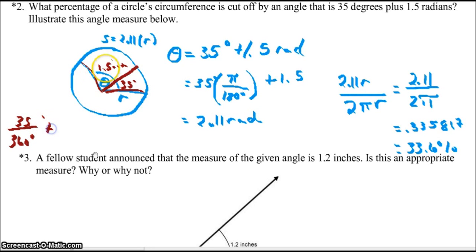And then here, 1.5 radians out of a total of 2 pi all the way around. That gives us the fraction cut off right here, and if we add those together we get the same result.